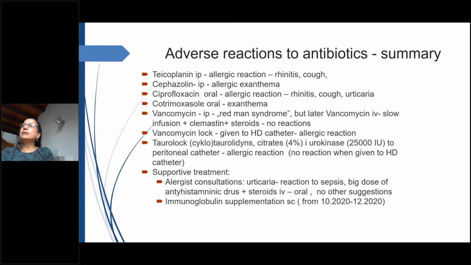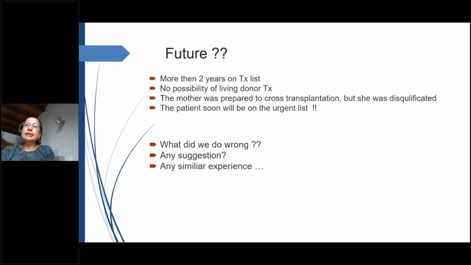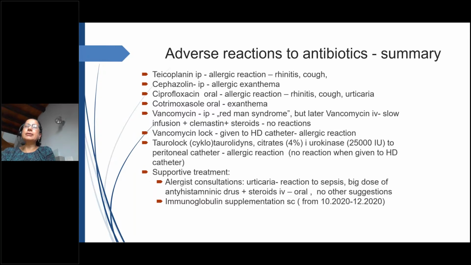It's maybe not important, but look, apart from his infections, he has these reactions. So the treatment of him is extremely difficult. He even reacted to the catheter lock, intraperitoneal, and also when we gave vancomycin to his vascular catheter, we had the reaction.